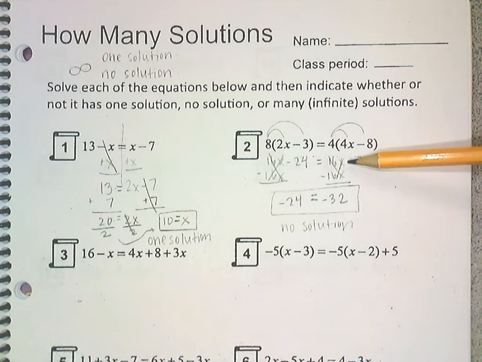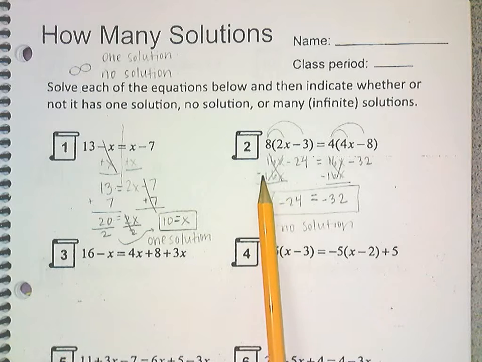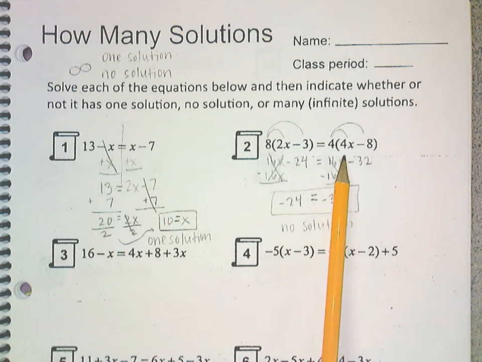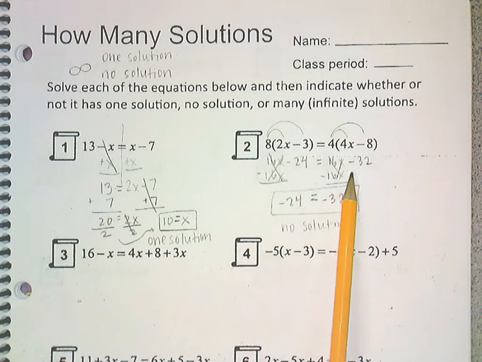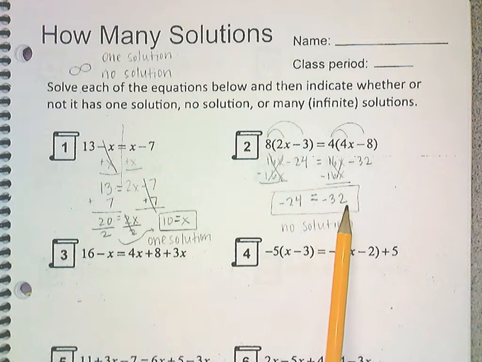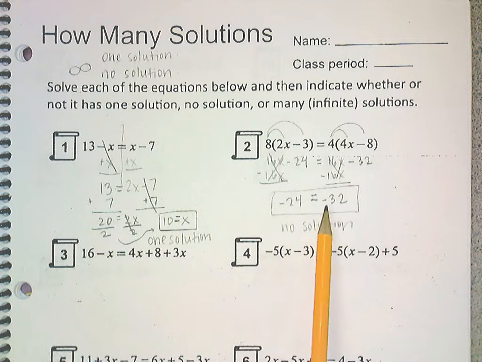Now, just a hint: whenever the variable goes away, if the variable is the same on both sides, positive 16x and positive 16x, we know that it's going to eventually disappear, which is going to leave us with a constant equaling another constant, which is not true. So that's why it's no solution.